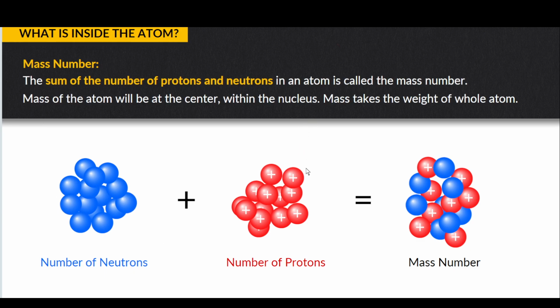Why? Because electron mass is very small as compared to protons and neutrons, so we can ignore it. That's why we just take the mass of neutrons and protons. Mass takes the weight of the whole atom, which is just the mass of the nucleus, and that's called mass number.